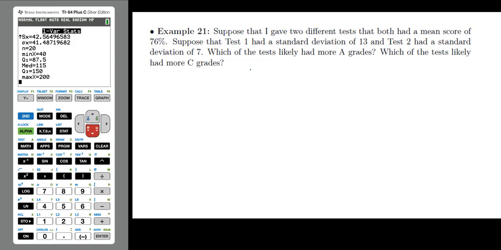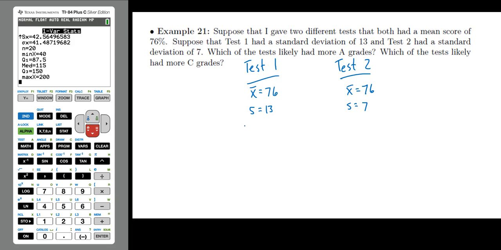Okay, so to organize this here, here's test 1, test 2, same averages for both, right? 76 for both of these tests. Standard deviation for test 1, though, is 13. Standard deviation for test 2 is 7. So the question is, which one likely had more A grades?